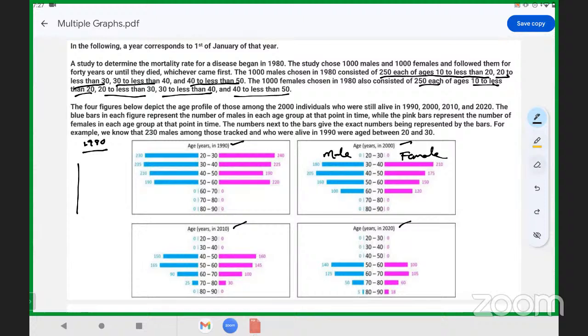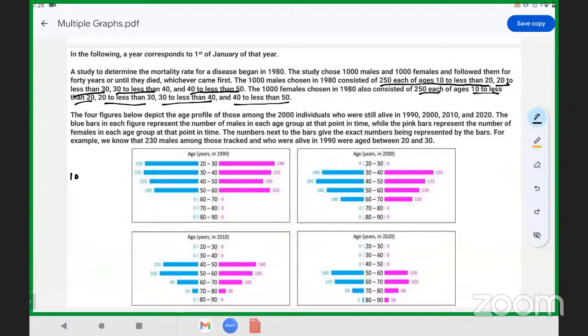So if you have 10 to 20, this is male, female, 20 to 30, 30 to 40, and 40 to 50. Each we have 250 over here, same 250 over here, and over here. Now the age group of 10 to 20 in 1980 will become the age group of 20 to 30 in 1990.